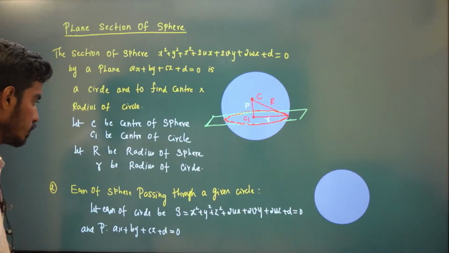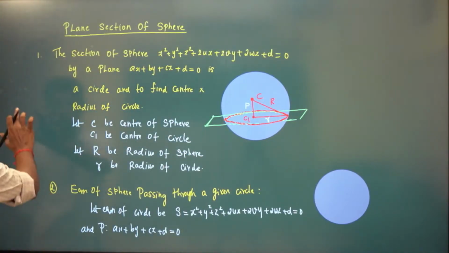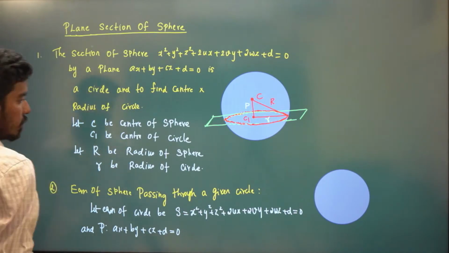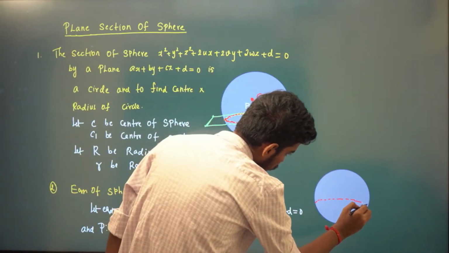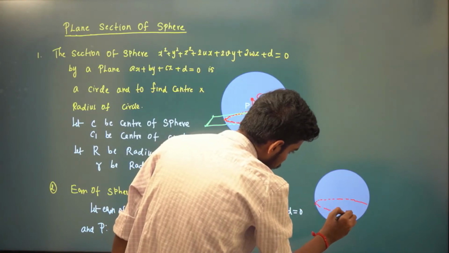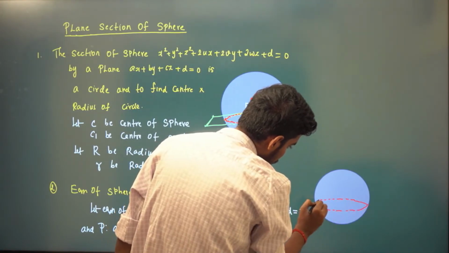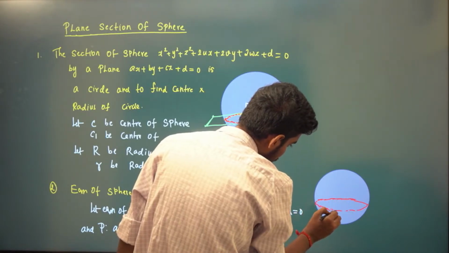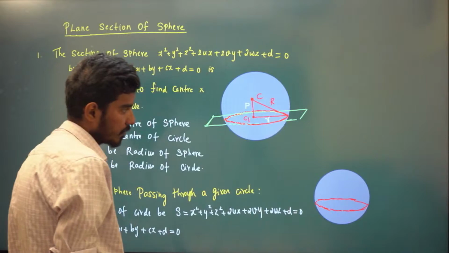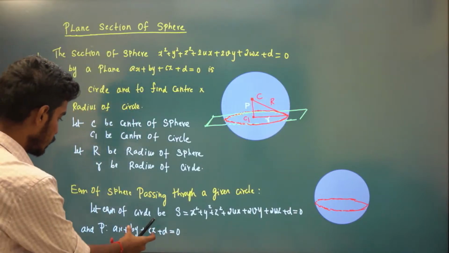See, what we're going to do is find an equation of a sphere. What is this circle? So we have a sphere. This is the circle, right? How do we get this circle? We are sectioning the sphere by a plane, right? We are sectioning it by this plane.